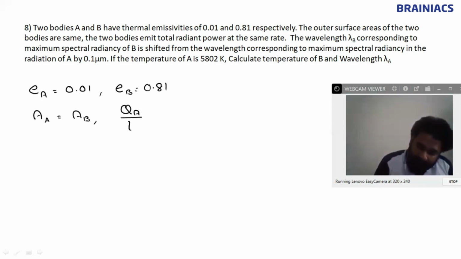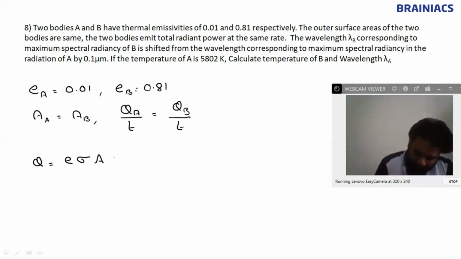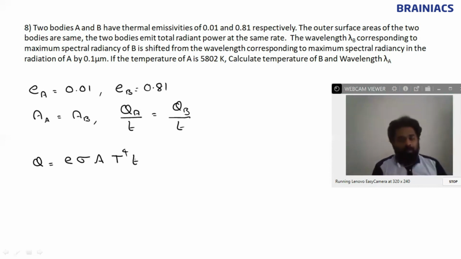QA by T is equal to QB by T. They are very clearly written, like the total radiant power. They emit total radiant power at the same rate. So power is also same. We know the radiation is equal to E sigma A T raised to 4 into T. This is the total radiation that is emitting from the body.